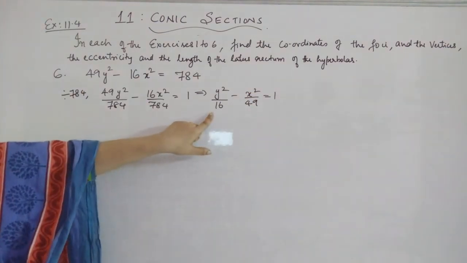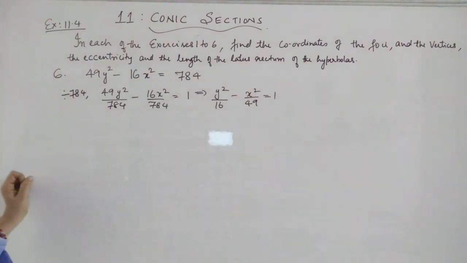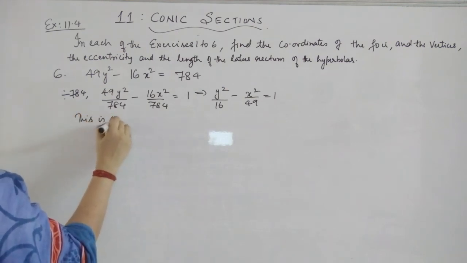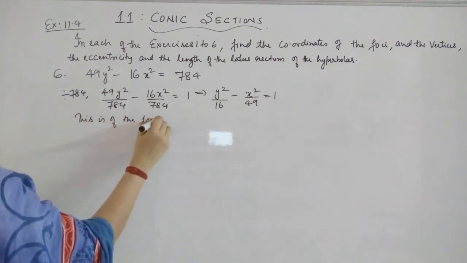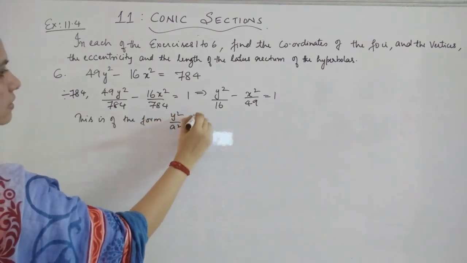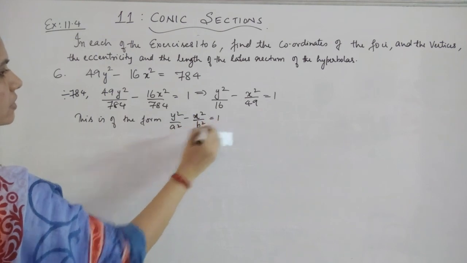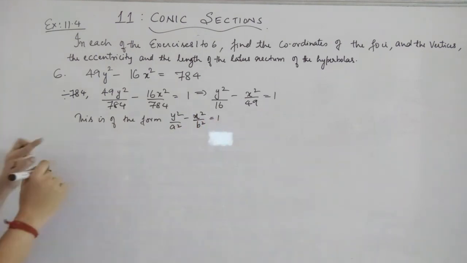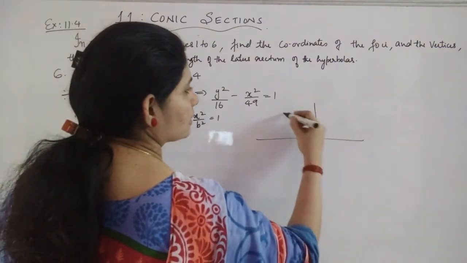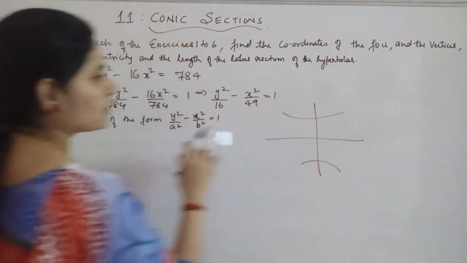Now this is of the form y square by a square minus x square by b square equal to 1. So again we can say that the foci will lie on the y axis like this, right?